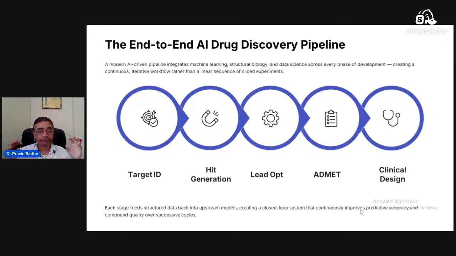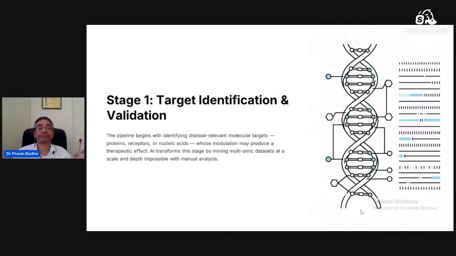At each stage, the structural data is needed, which is a very important part, and the models are developed so that the companies can keep the closed loop only for certain types of diseases and the drugs on which they are working.